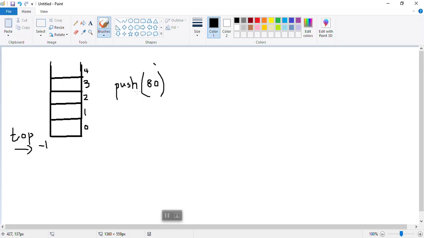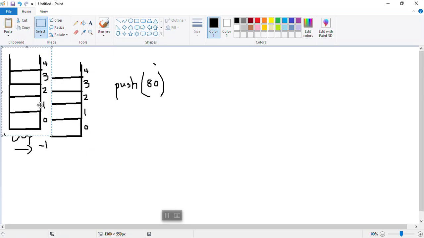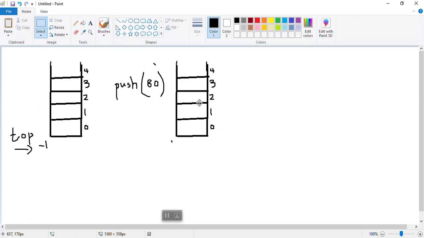So after calling this operation, what should happen here now? The top, which was -1, must be made 0.